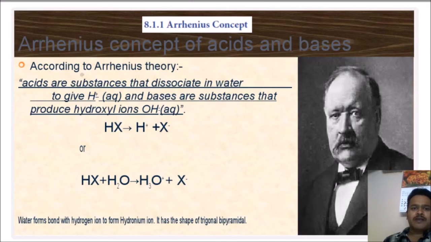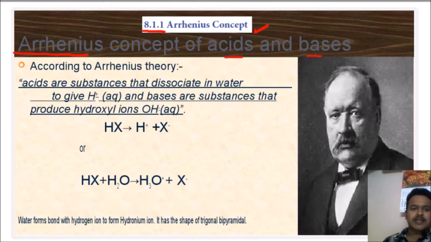The first theory is 8.1.1 in your textbook order, the Arrhenius concept of acids and bases. According to Arrhenius, how can you define an acid and a base?